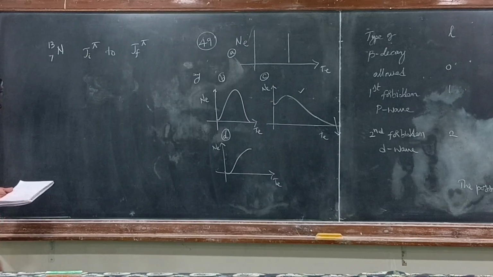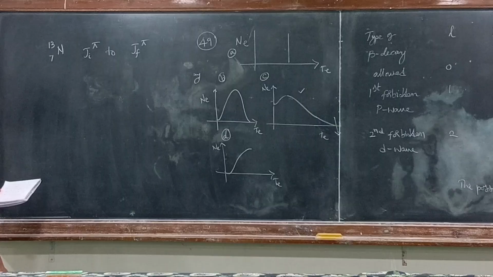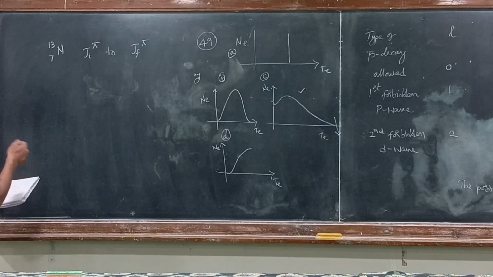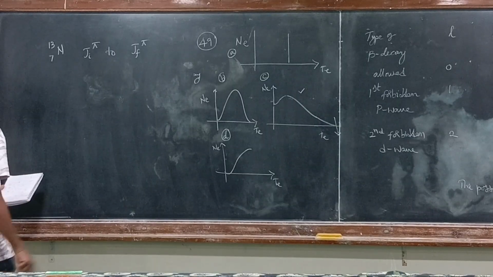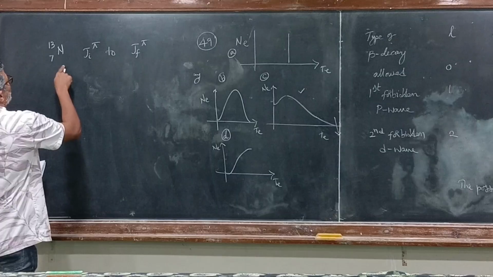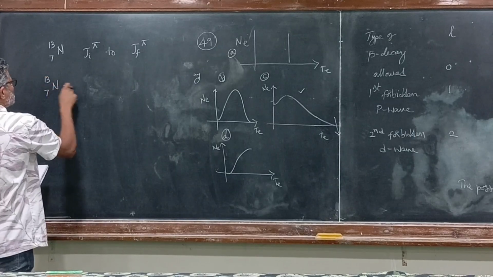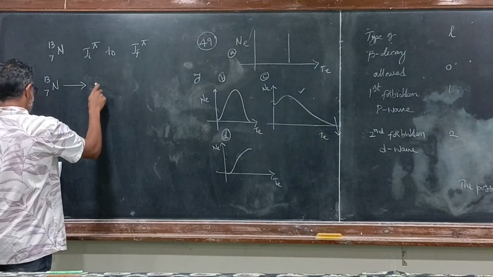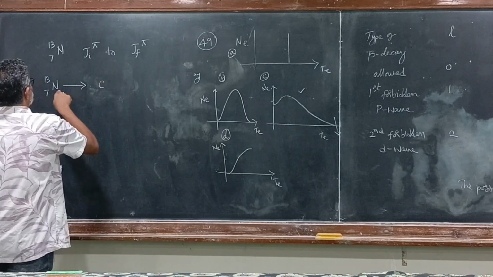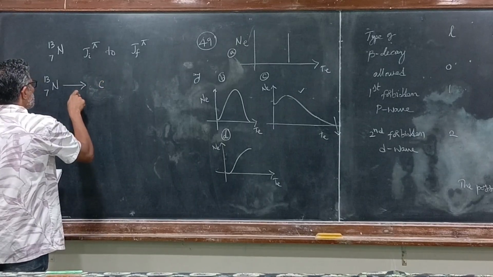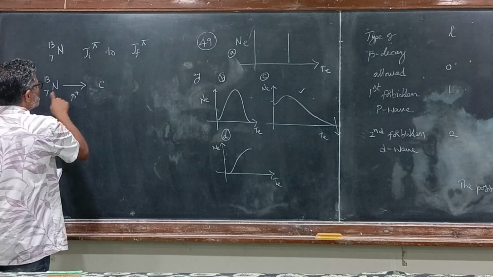So let's say for N-13, when it is a beta plus decay, what will happen? Your Z will decrease.